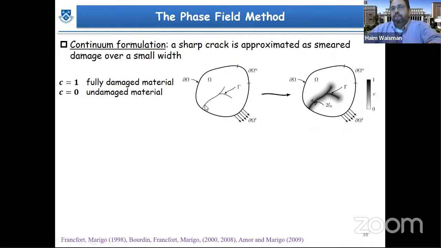Essentially, it says that if you have a discrete crack, one can approximate that discrete crack by introducing some thickness or width to this crack. This thickness will be defined by this 2L0. And then you can have an internal variable called C in this case, the phase field internal variable, that will measure whether there is damage at this point or no damage.